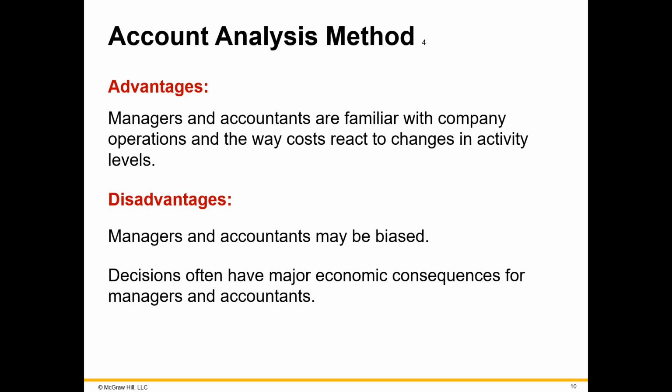So we always have to be wary about personal judgment and bias when calculating these methods, especially because often these decisions have major economic consequences for these same managers and accountants. Oftentimes, a manager's bonus is based on whether the manager is able to hit or exceed their budgeted numbers.